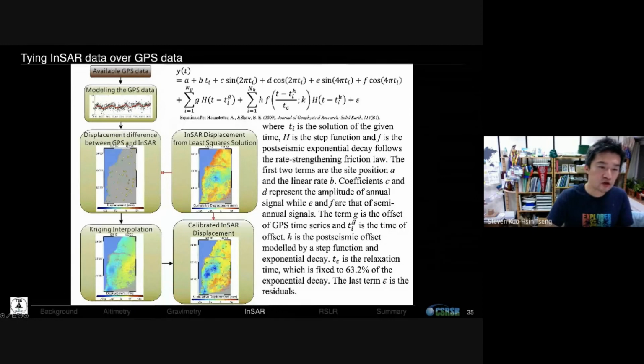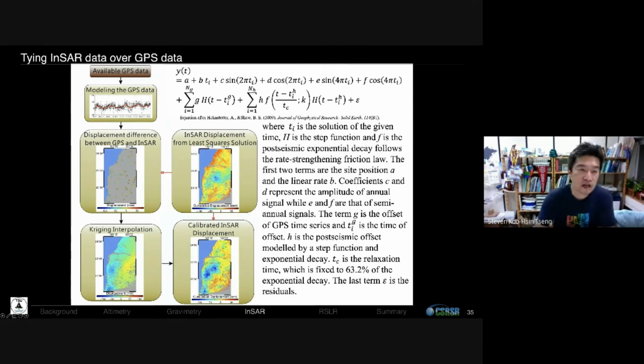Then we can have a so-called correction map for the InSAR displacement. So we just subtract that error term from our displacement, then we can have a calibrated one. So this stage we call GPS calibration.